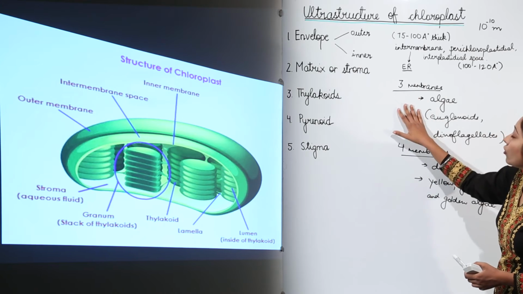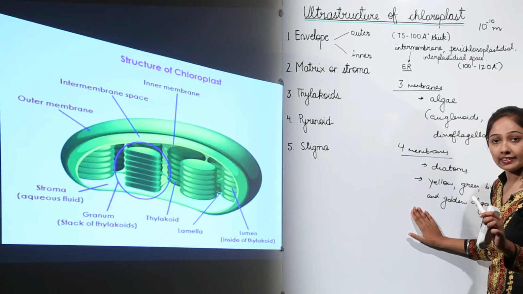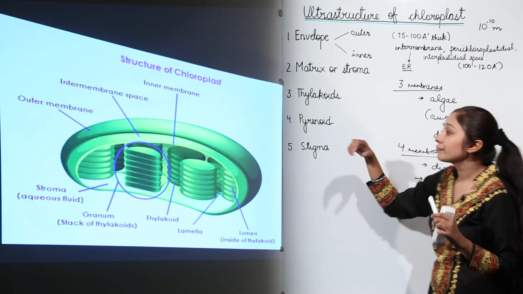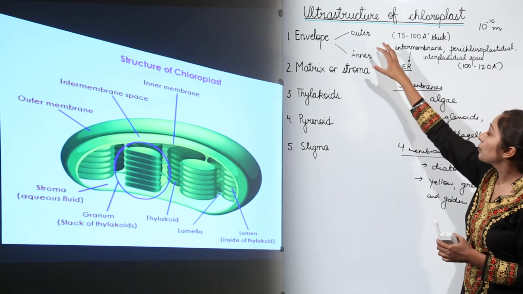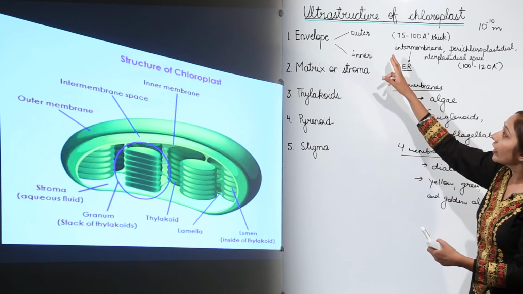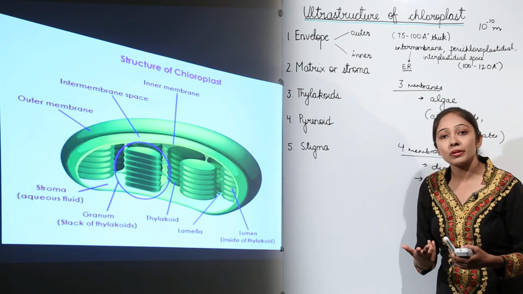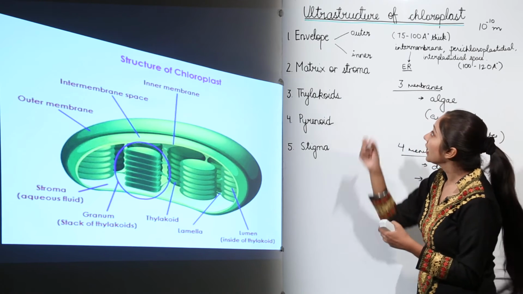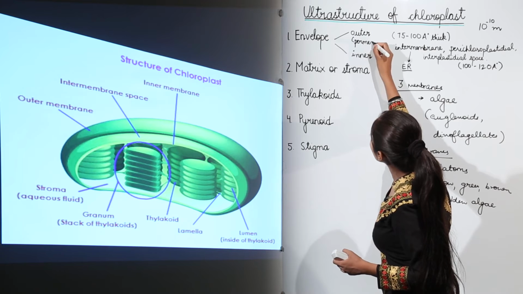Okay. Now, I mean to say that depending upon their function and their structure, these chloroplasts have important functions also. Okay, so if we talk about the outer membrane, this outer membrane is a permeable membrane.